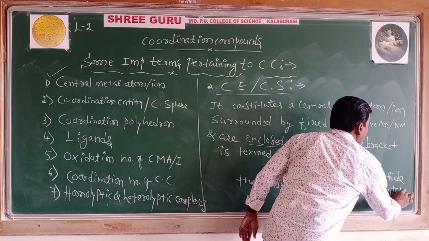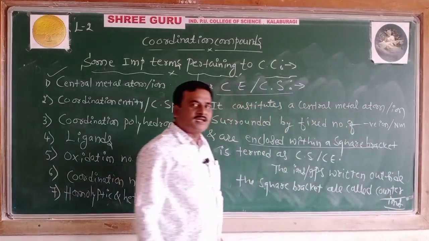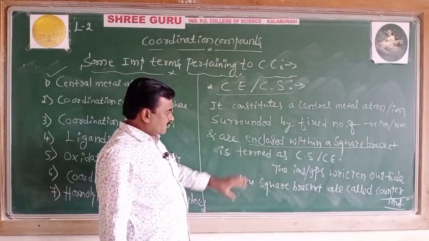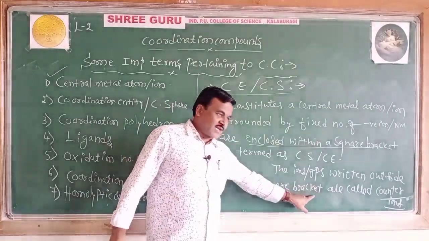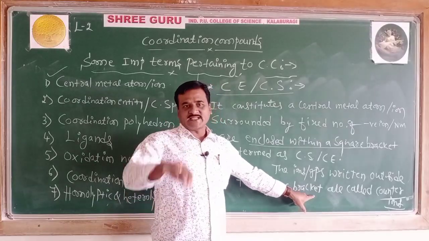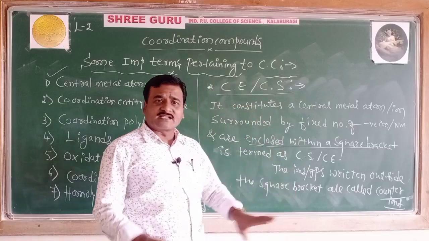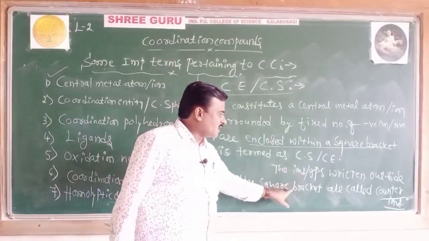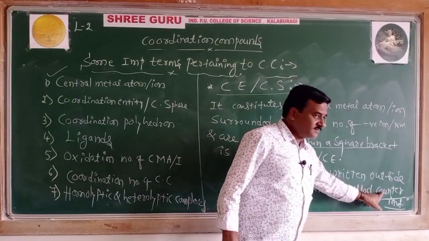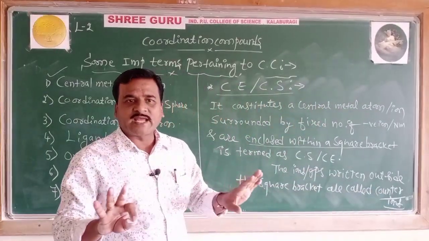Are called what? Counter ions. This coordination entity is non-ionizable, while the counter ion is ionizable. Make it very clear. The coordination entity is non-ionizable, it gives a complex ion. But the counter ion of the complex compound or coordination compound is ionizable.